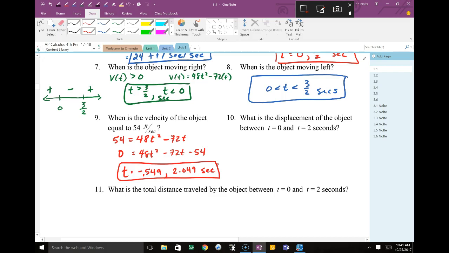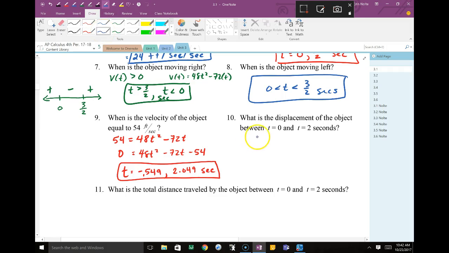All right, what is the displacement of the object between time 0 and time 2? How would I go about doing that? Yeah. So figure out their position at time 0 and time 2, and then we just subtract them, right? So time 0, I feel like we did that.